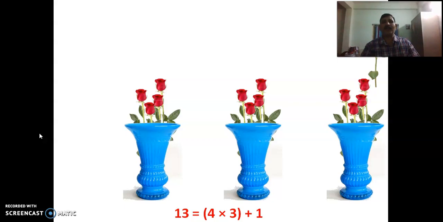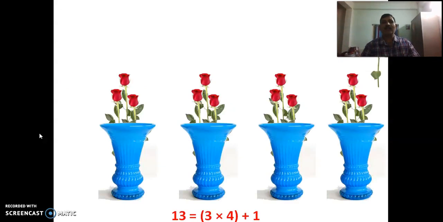Each pot contains 4 flowers and there are 3 pots, so 4 into 3 plus 1, right? Same 13 flowers, suppose we consider 4 flower pots in which they are to be arranged, we get 3 flowers in each of the 4 pots, and 1 flower is left even in this situation. So the same thing we can write like 13 is equal to 3 into 4 plus 1.